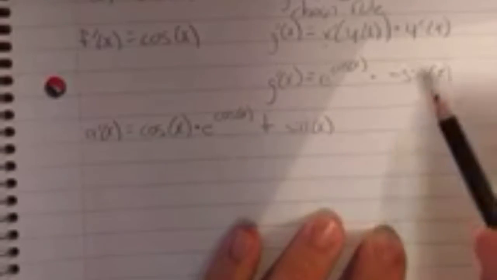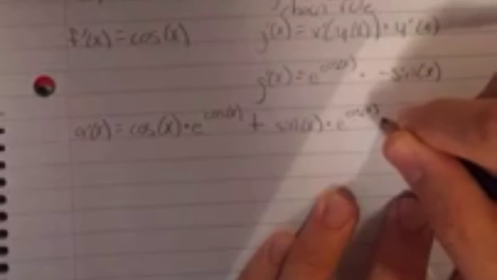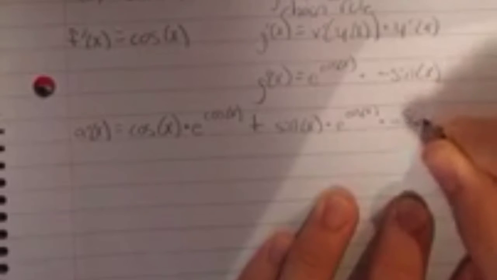So if we want to find the derivative, we're going to put in f prime of x, which we see here is just cosine of x, times g of x, which is e to the cosine of x, and then we're going to add f of x, sine of x, times g prime of x, which is this whole thing right here: e to the cosine of x times negative sine of x.